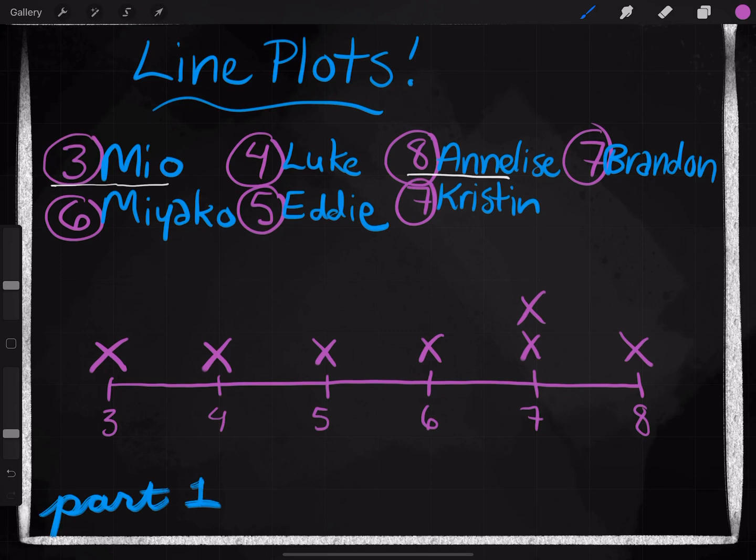Just write an X for each number. And so if you wanted to know how many people in our class have 5-letter names, you'd look at this chart and see there's only one X, so only one person has a 5-letter name.